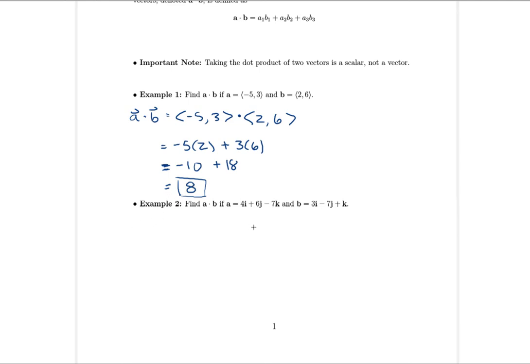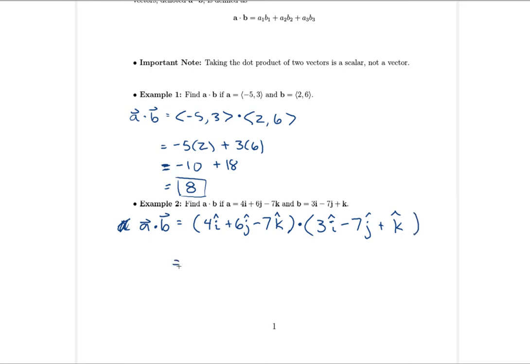Then we can, of course, do the same thing in 3 dimensions and with our ijk notation. So here, if I take A dotted with B, then 4i plus 6j minus 7k, I'm going to dot that with 3i minus 7j plus k.